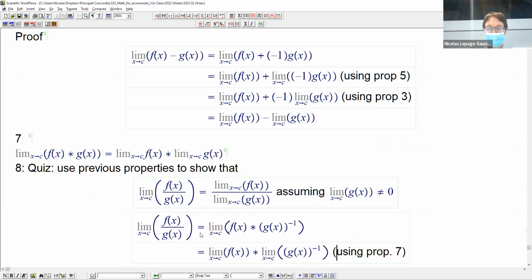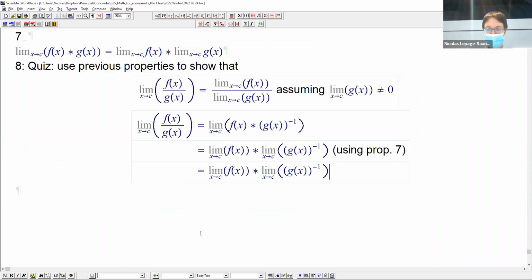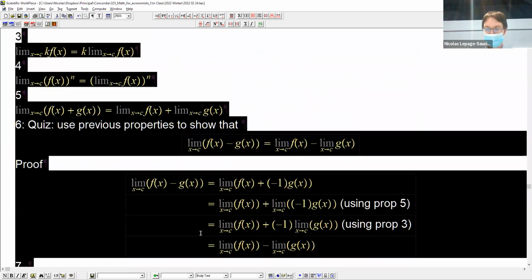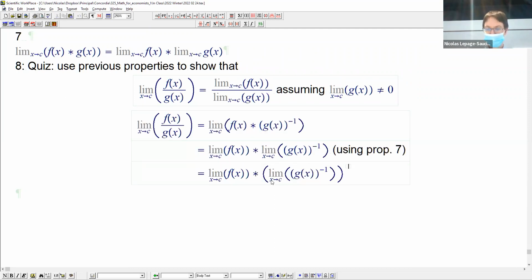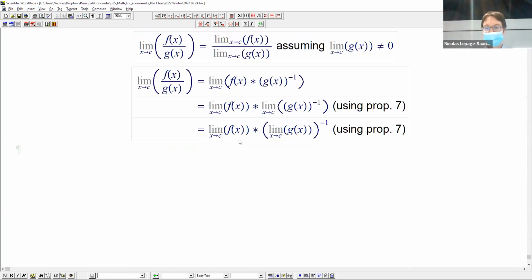And then, this would be using property 4, exactly.